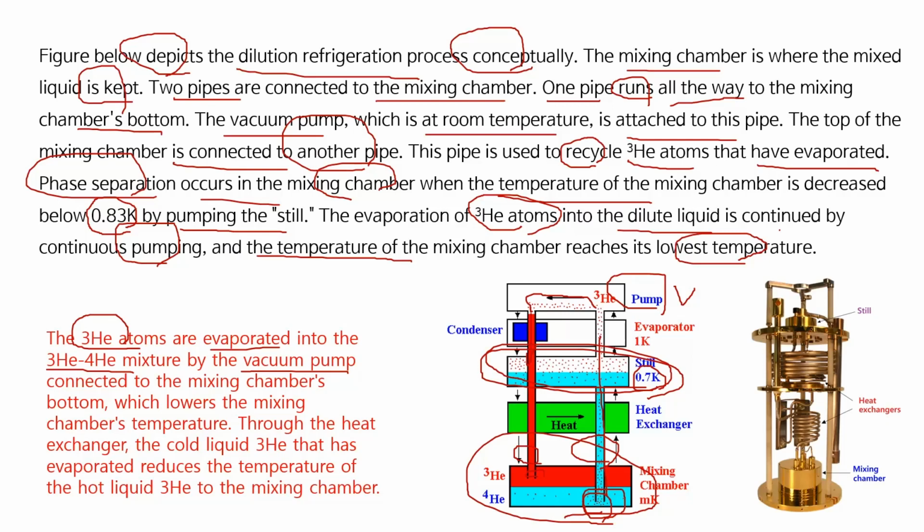So this pipe is connected all the way to the bottom, and if we pump using this vacuum pump, the helium-3 atoms evaporate into the dilute liquid, and when these helium-3 atoms evaporate, they extract heat from the surroundings. The temperature of the mixing chamber is lowered.